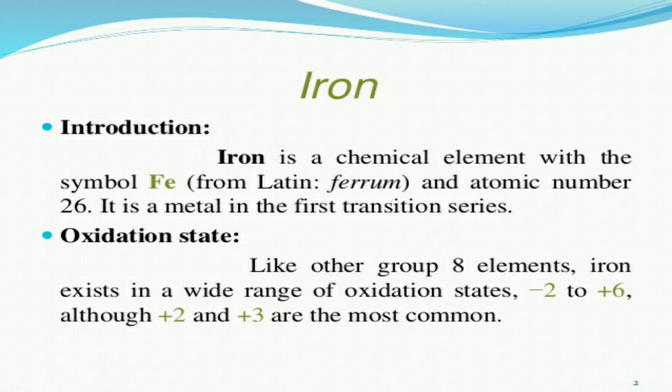It is a metal in the first transition series. And like other group 8 elements, iron exists in a wide range of oxidation states, -2 to +6, although +2 and +3 are the most common. So iron is a chemical element.